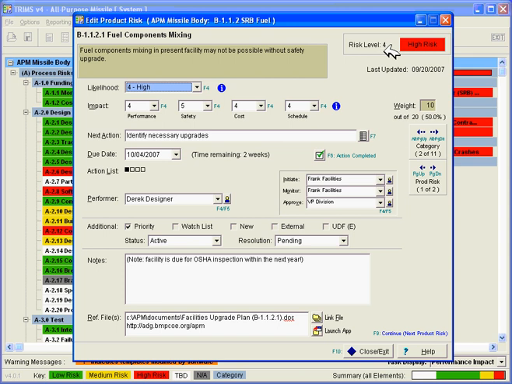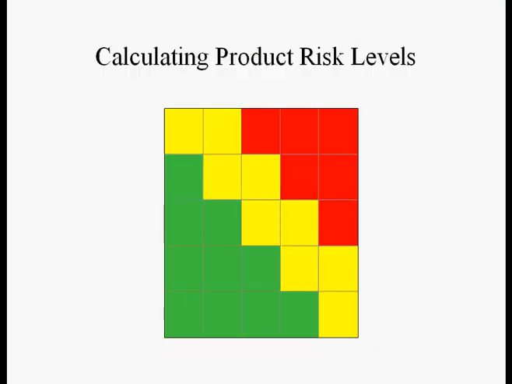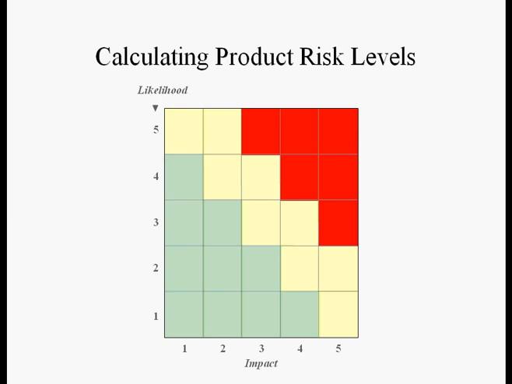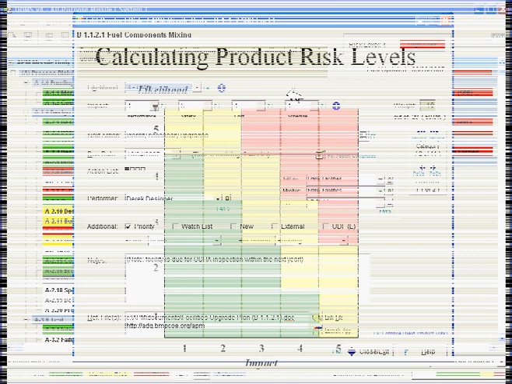The risk level, or risk ranking for a product risk, is calculated very simply using the likelihood and impact values. These values are cross-referenced on the product risk matrix to determine the risk level. The specific values that should be low, medium, or high risk can be adjusted in baselining.